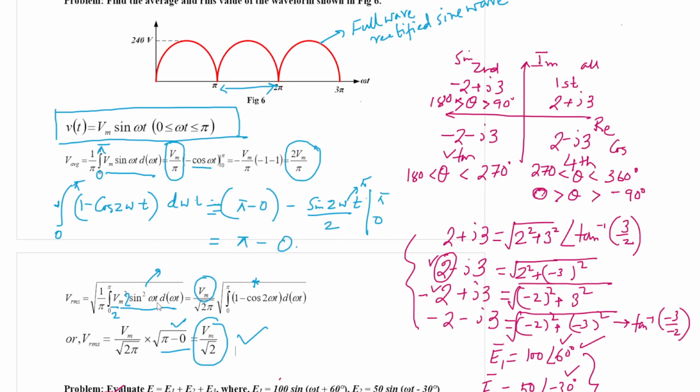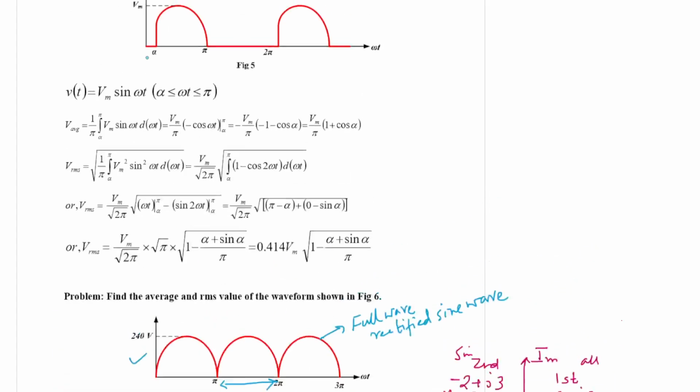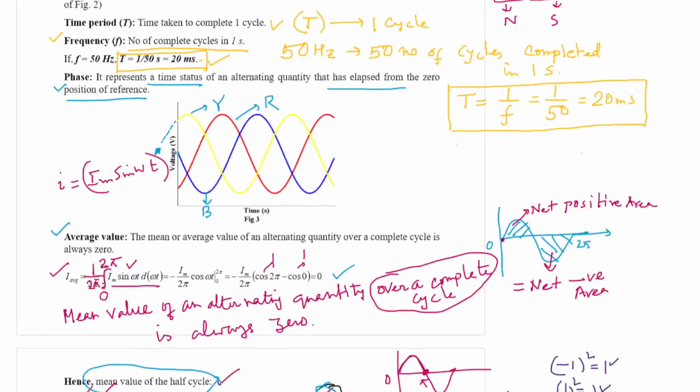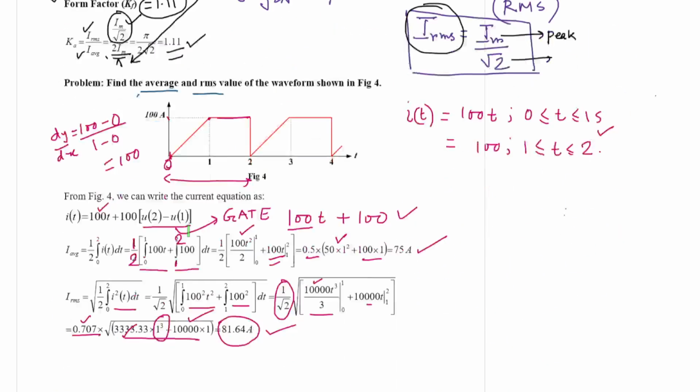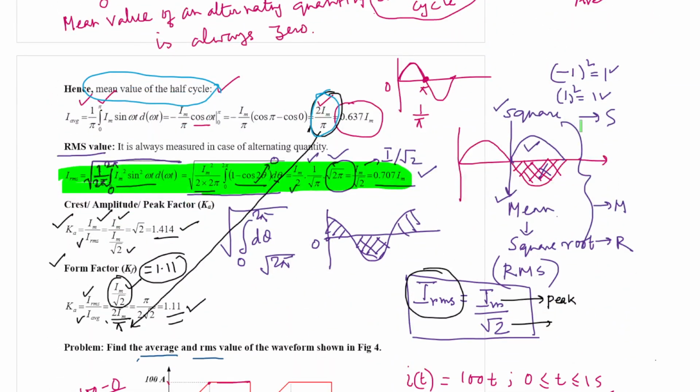So basically it is the same as compared with this one. Why? Yes, the RMS value is the same. The reason being you are first squaring it.